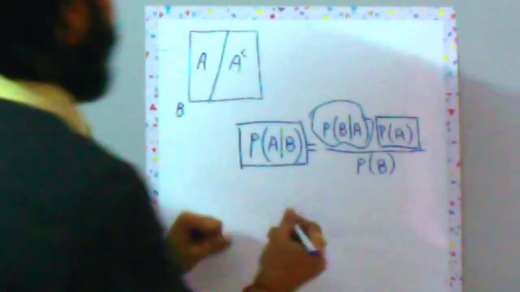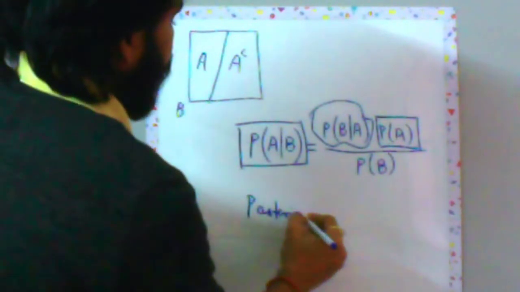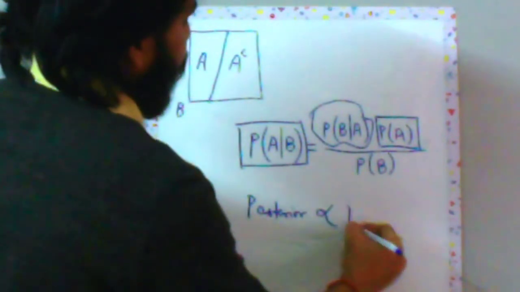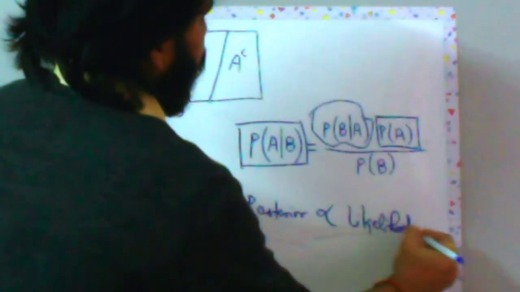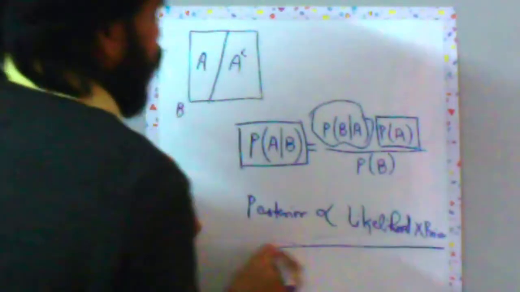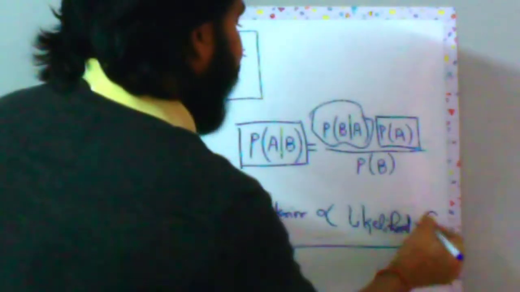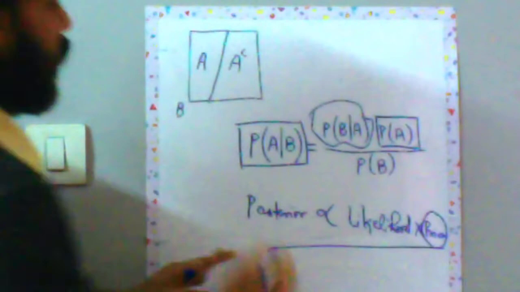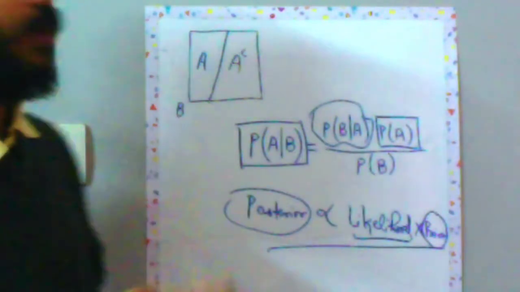You can think of this as your posterior probability being proportional to likelihood times prior. So essentially we update the prior probability to the posterior probability with the help of the likelihood, which we calculate by observing the data, which is event B here.